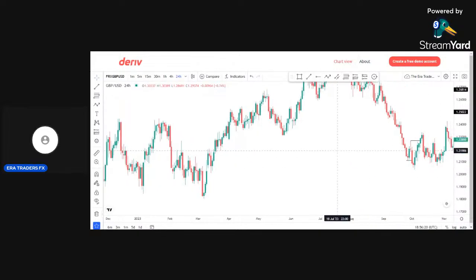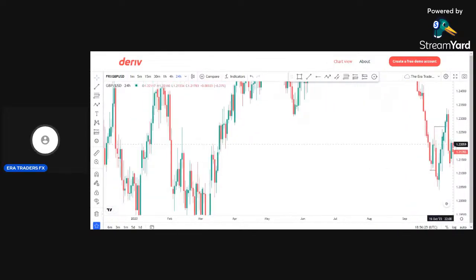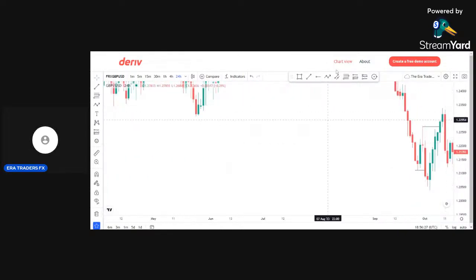So as I was saying, when you look at this market now, where is the new range? You are not seeing what's currently happening, but this is the new range, the old low to the new high.